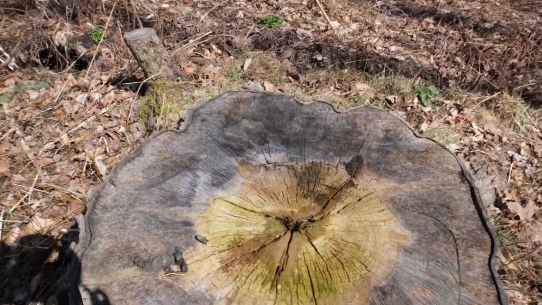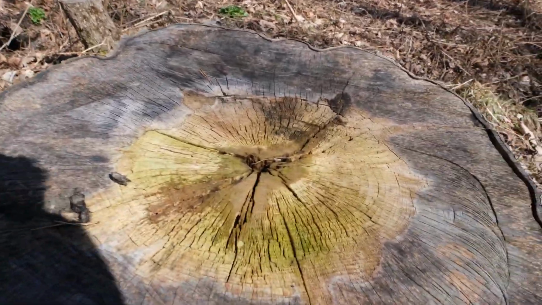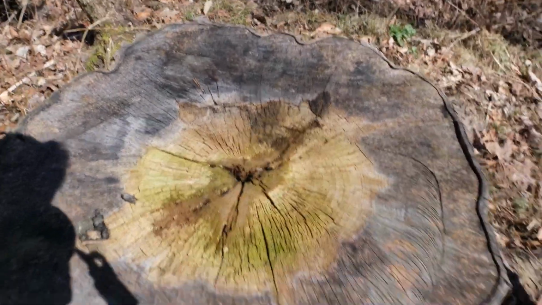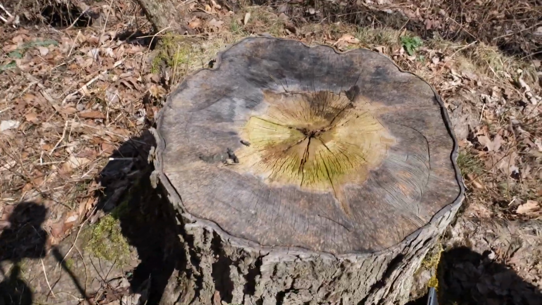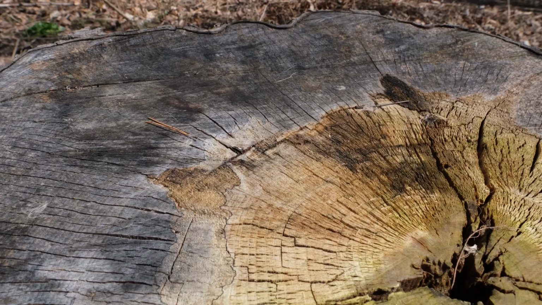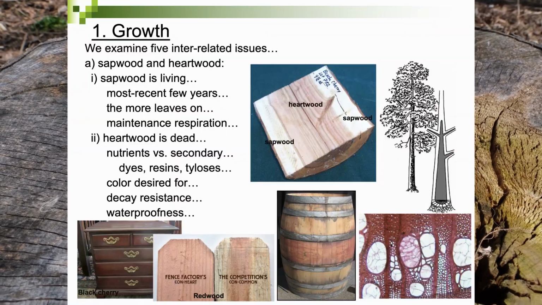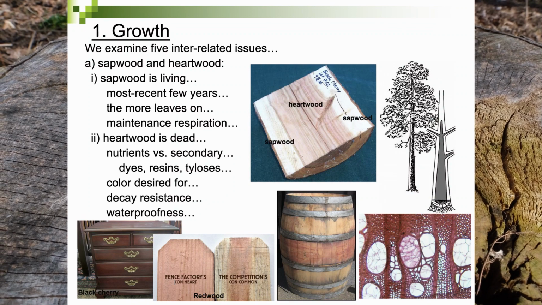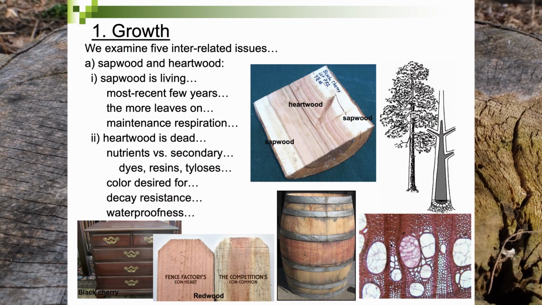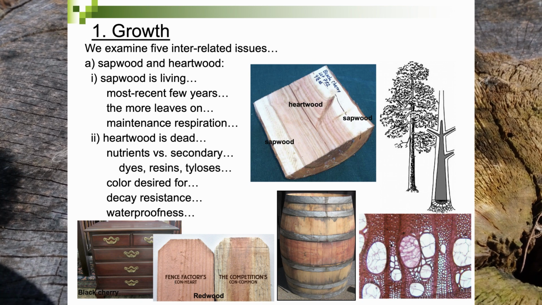Now, the heartwood is chock full of different compounds. This chemical group called tyloses, as well as resins and dyes, to make it harder for different fungi and bacteria to decompose this heartwood.